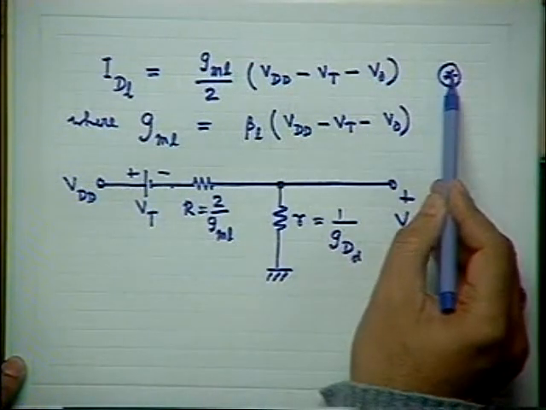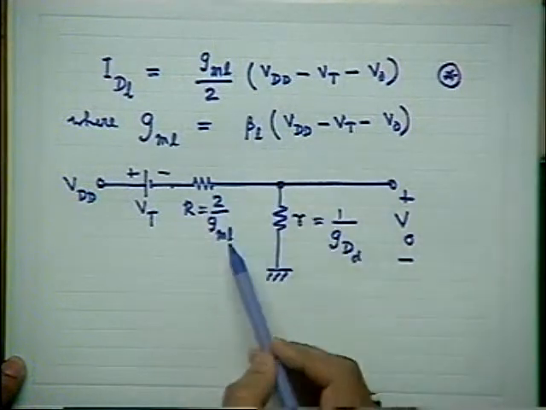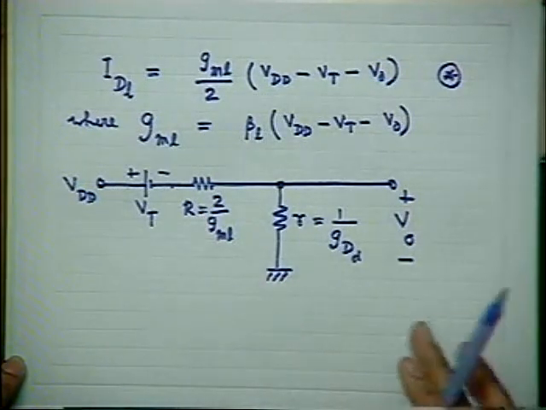And then you look at this equation, automatically there is a series resistance whose value is 2 by GML. This is a simplistic approach for representing the inverter by a linear circuit, when the output voltage is equal to the VOL, the low state output voltage.